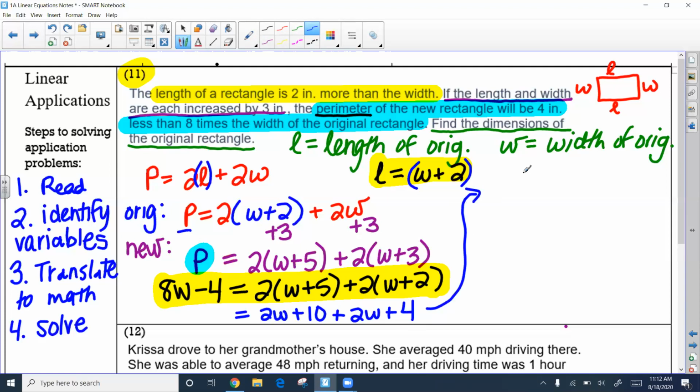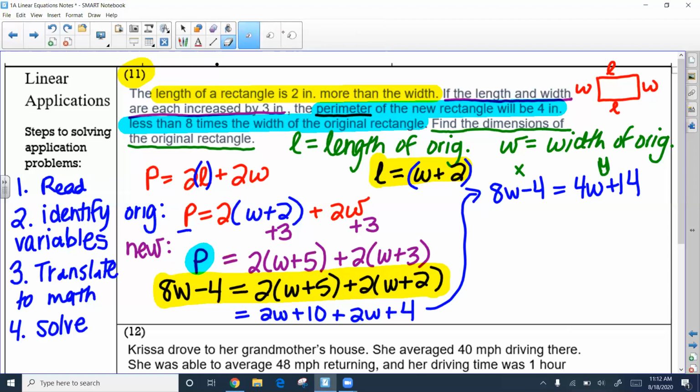The left side is 8W minus 4. The right side, if I combine like terms, would be 4W plus 14. Okay, after we simplify, now the rest is just solving. So we should hopefully be able to solve fairly easily. To solve, I need to get the W's on one side and the numbers on the other. It doesn't matter which side.